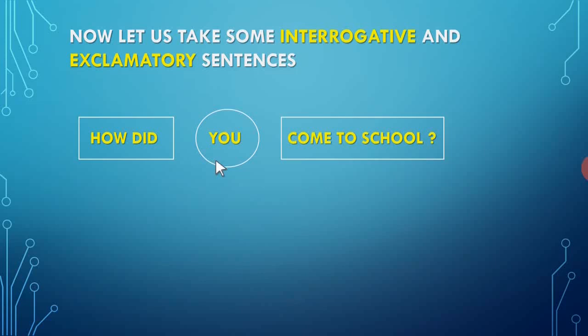And you becomes the subject here. It is coming in the middle of the sentence because it is a question mark, children. Understood? And as I told you, predicates always have a verb, children. So come is a verb.